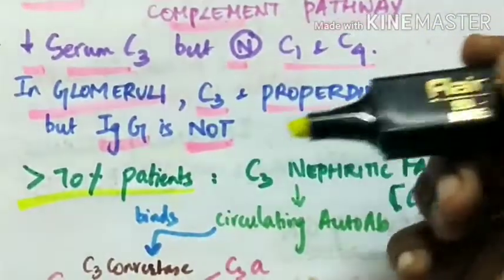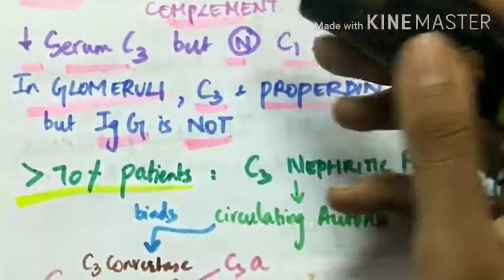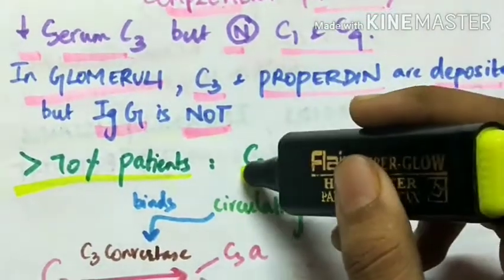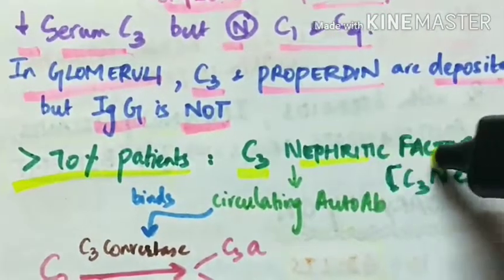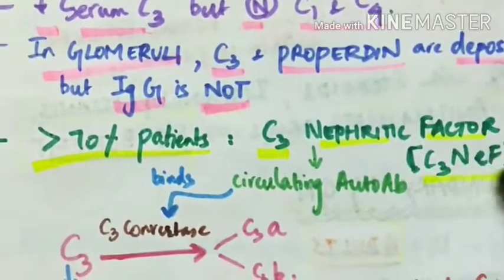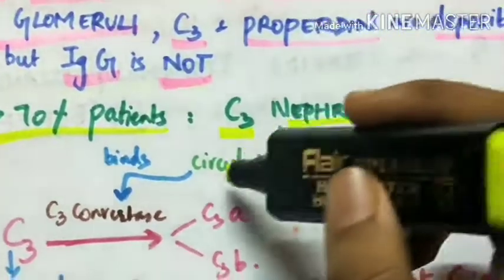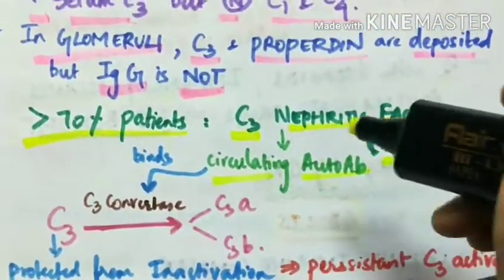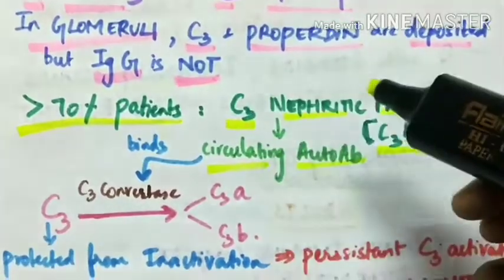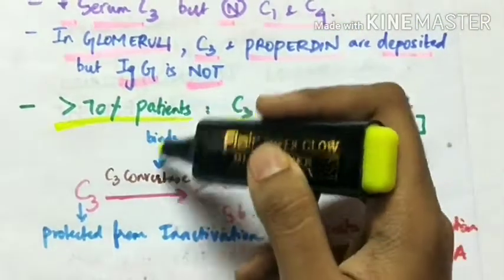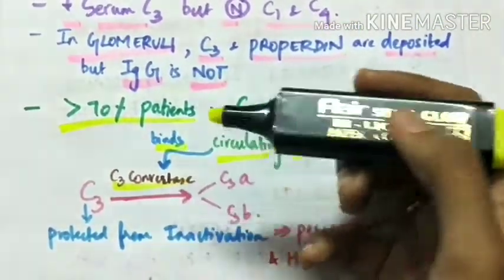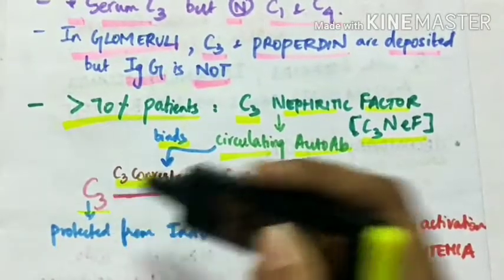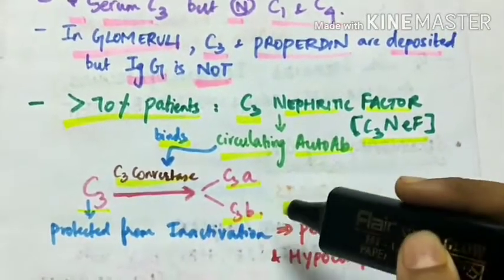In more than 70% of the patients with type 2 MPGN, there is presence of C3 nephritic factor, C3NeF, which is a circulating autoantibody. This C3 nephritic factor binds to the C3 convertase, which converts C3 to C3a and C3b.